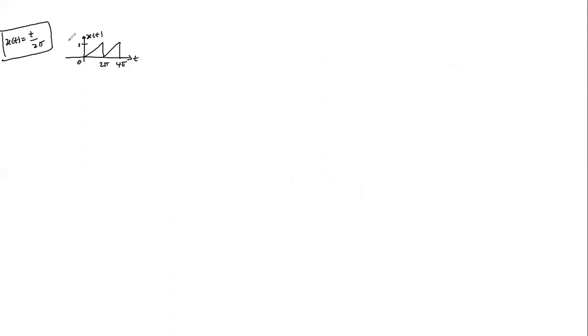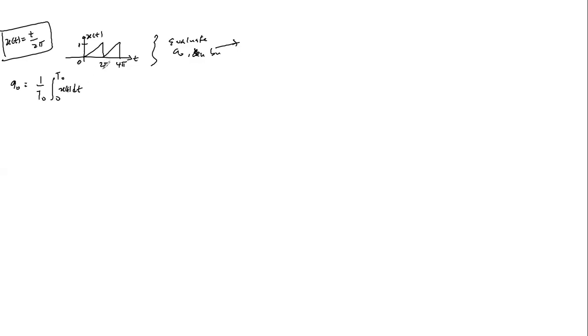Now that we have done that, we need to evaluate the Fourier coefficients A0, An, Bn, and then establish the series, right? So let's see. Now A0 is the same as 1 over T0 integral 0 to T0 of s of t dt, right?